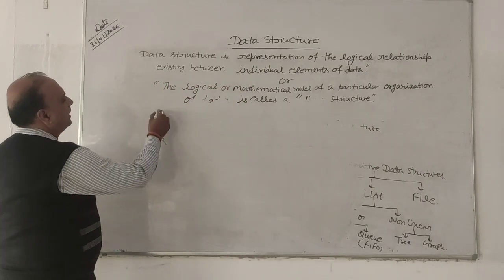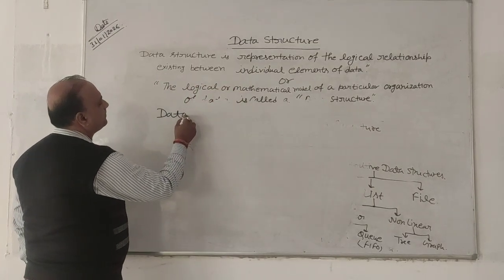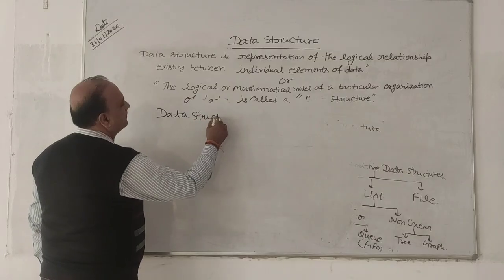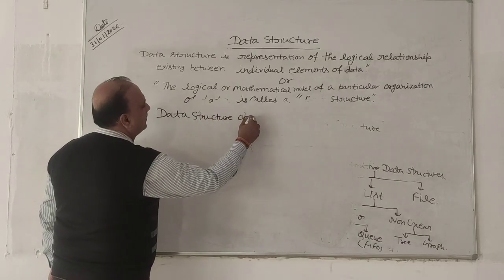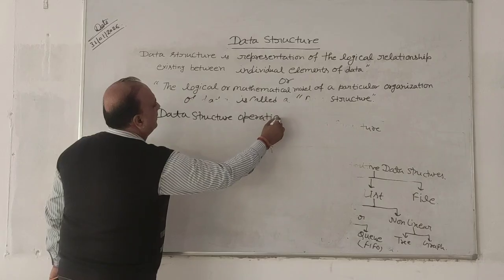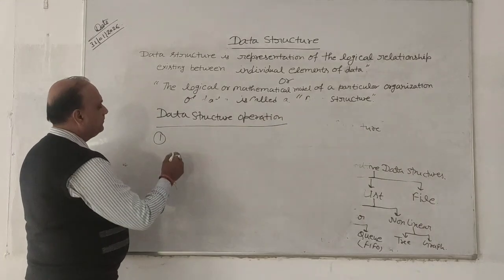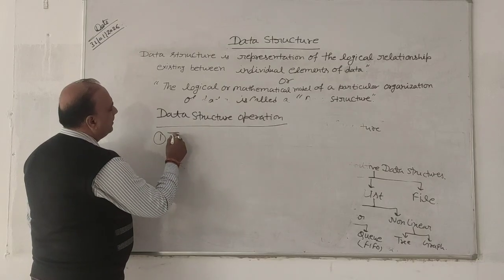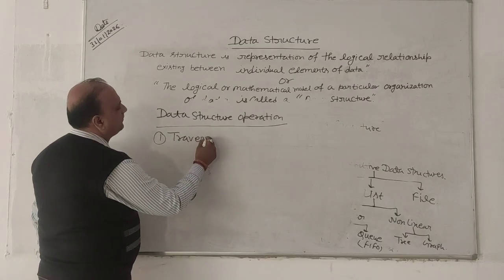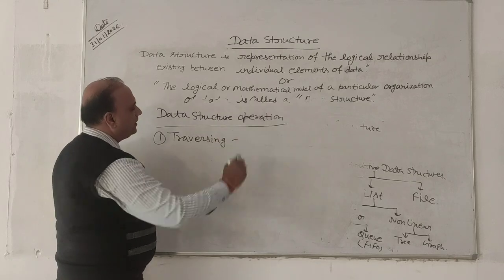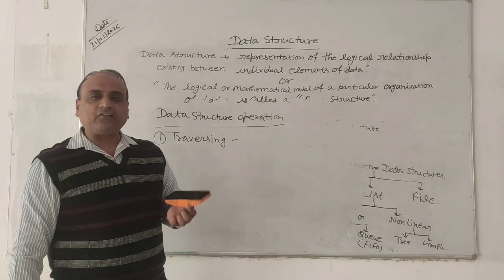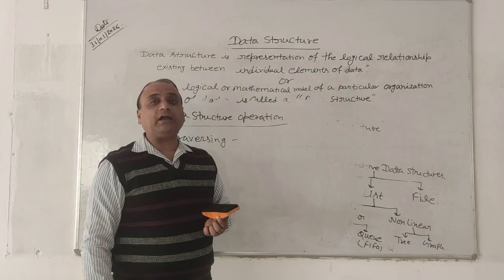If we discuss the data structure operations, there are basically four operations that are used most in programming. First one is traversing. Traversing means accessing each record exactly one time.